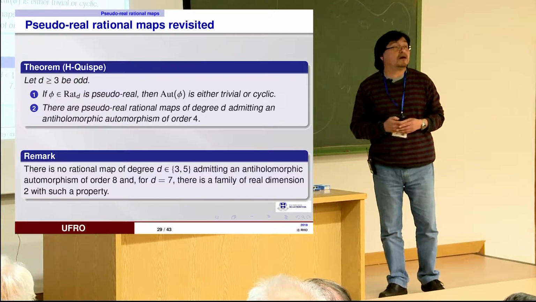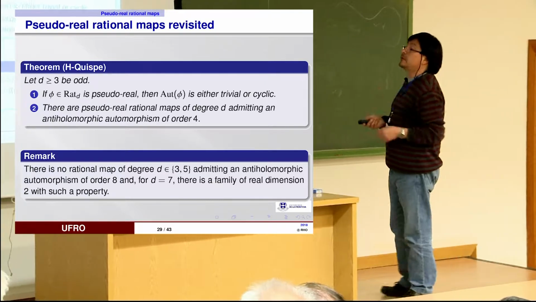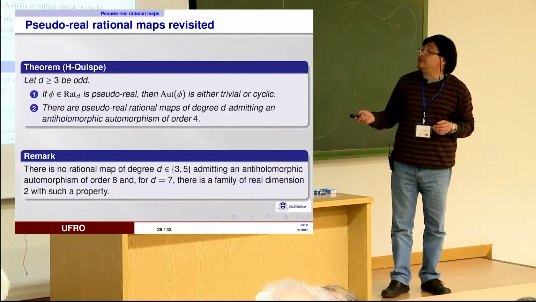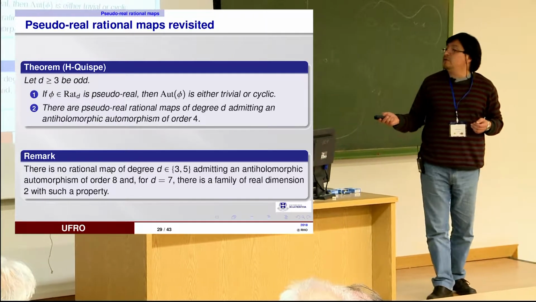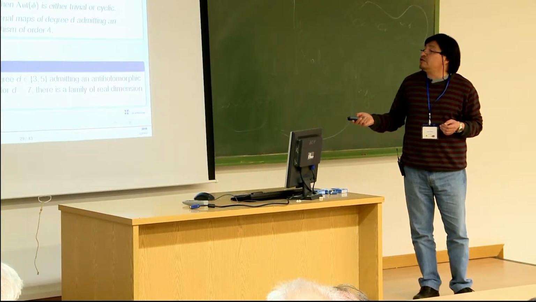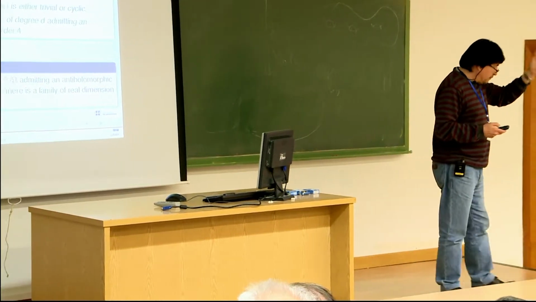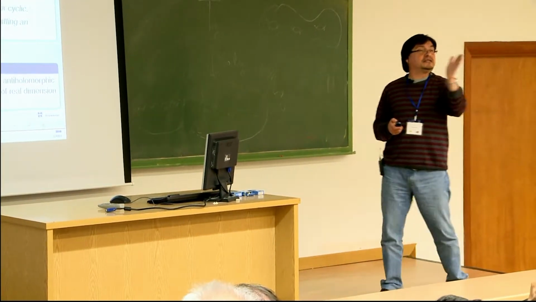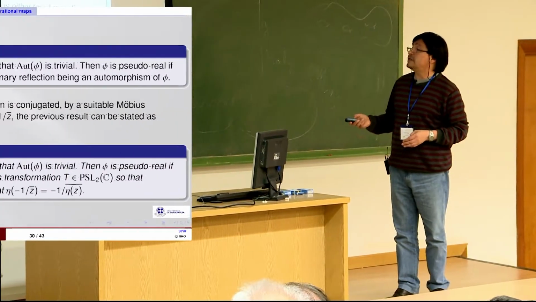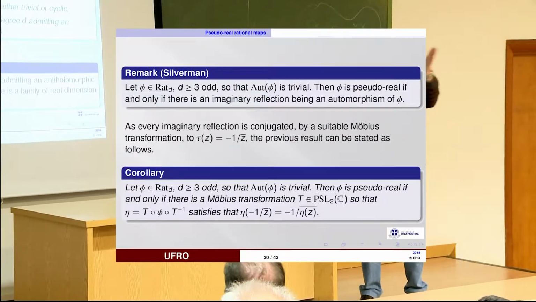Also, in any odd degree, you can have a pseudo-real rational map with an anti-holomorphic automorphism of order 4. But for example, in degrees 3 and 5, there is no rational map admitting an anti-holomorphic automorphism of other orders. So 4 is the one that essentially holds in every degree, but if you look for other orders, it may happen that in some degree you can find an example, in another degree you cannot.